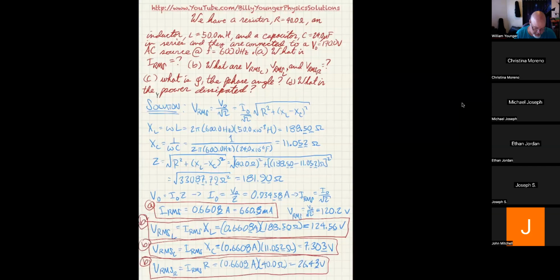Part C, they want to know the phase angle. That's pretty easy to calculate.